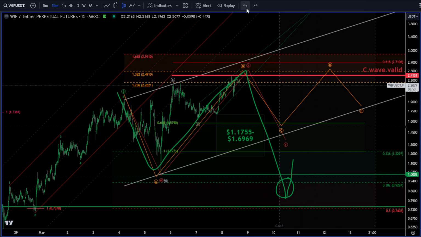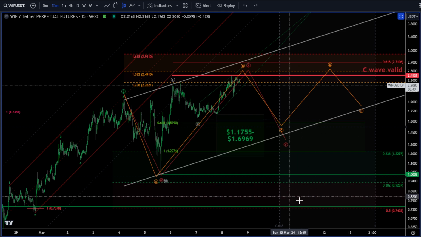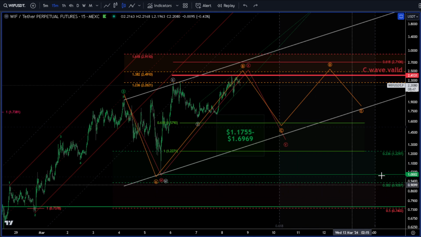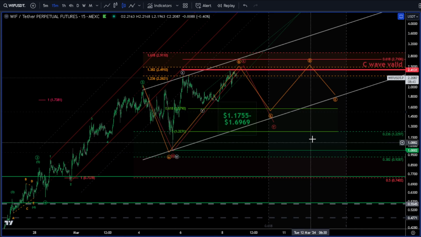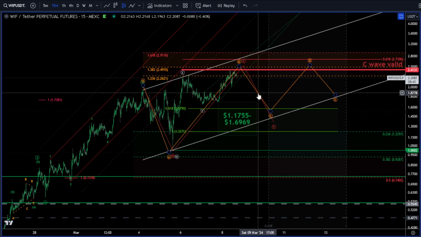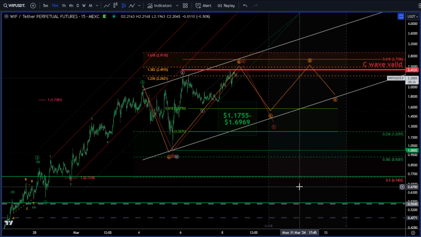So I have accepted the fact that expanded flats I just get stopped out of, but it is an opportunity to get even a better entry. So there's no right answer. It's just pros and cons. Sometimes it's nice for it to actually stop you out, because you can get much larger position size.